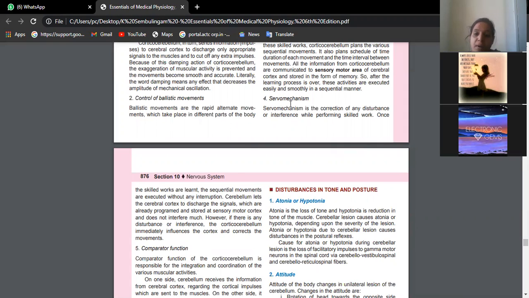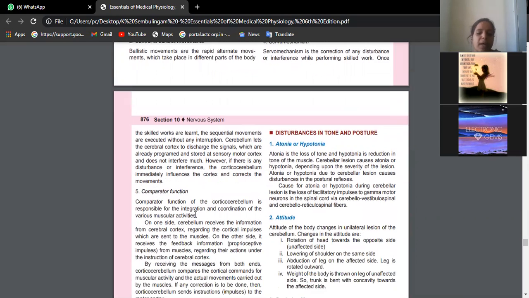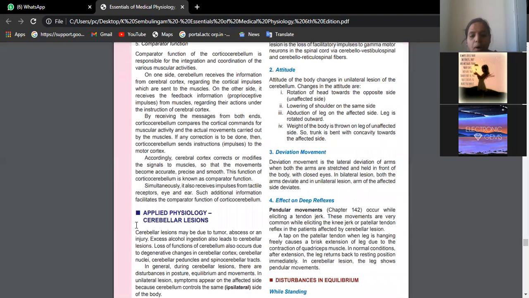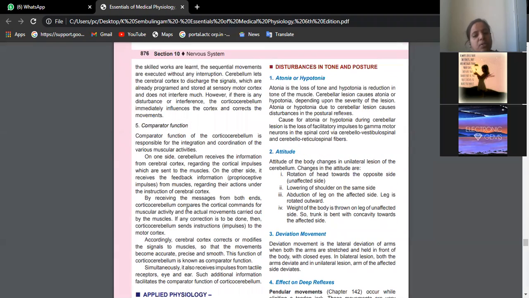That's what is called servo mechanism. Then comparator function, like the example I told you, empty water bottle and full water bottle. Your brain compares how much energy has to be expended. Like that, all advanced types of functions are controlled by the cerebellum.